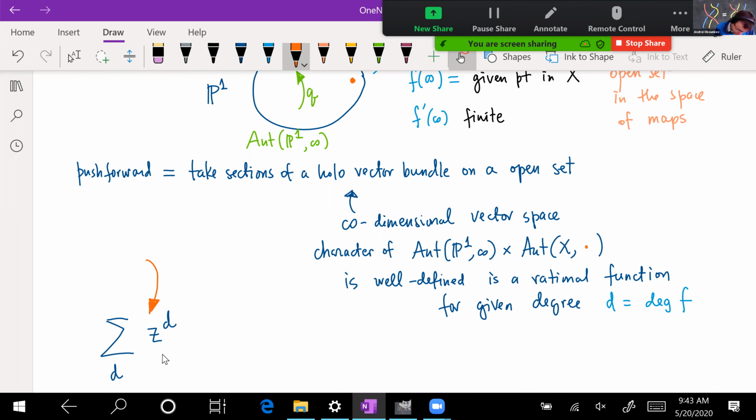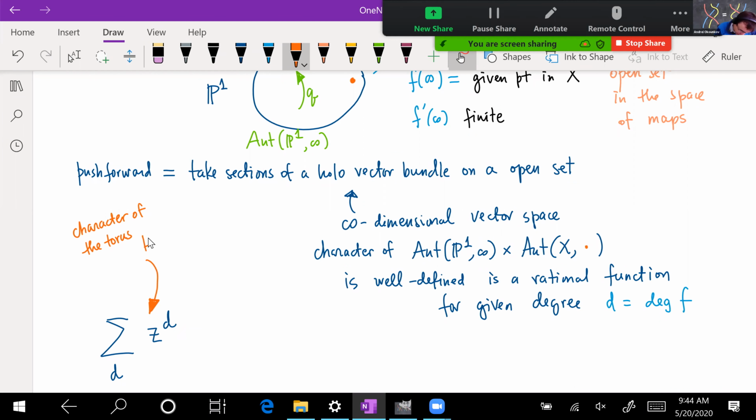You can think of this as a placeholder for remembering the degree, but since we would like everything to look like a covariant K-theory, we would like this to be a character of the torus, so that the degree of the curve is a character of our torus.